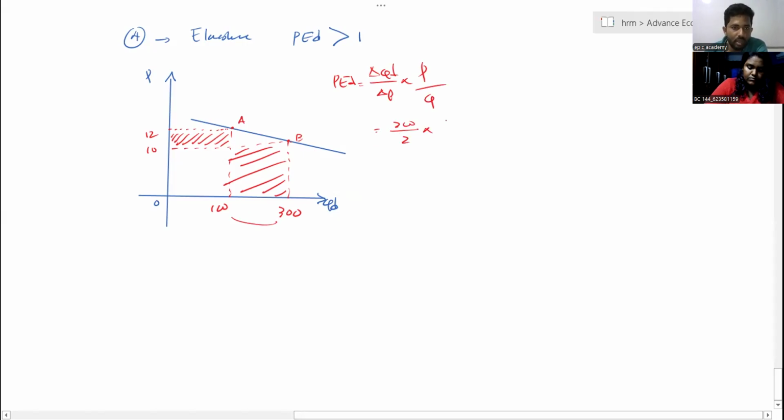I'm going to calculate that at point B. The price is 10 and the quantity is 300. So 2 over 200 times 10 over 300, that means 10 divided by 3, which is 3.3.